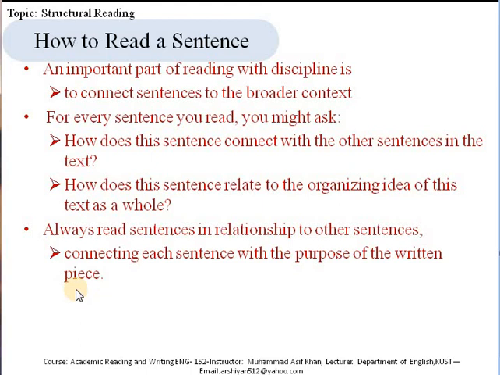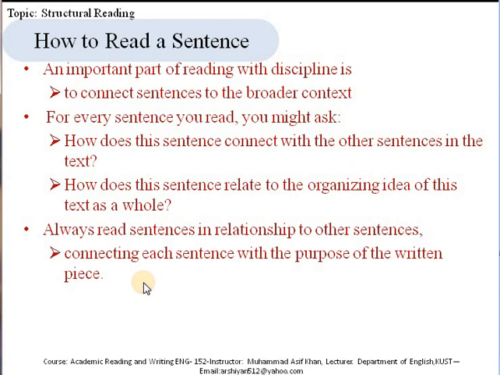When you understand the main idea and the purpose of that written piece, it helps you read sentences in relation to other sentences and connect each sentence with the purpose of the written piece.